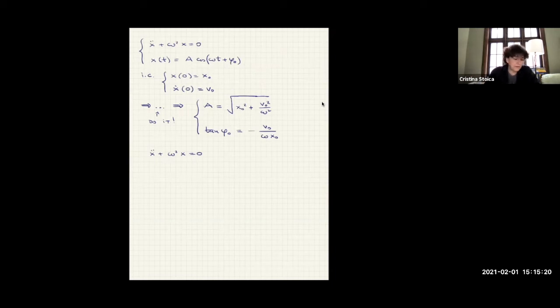Can we comment on the behavior of more than one solution? Because here, for every initial condition, you have a solution. They're all kind of doing the same, but maybe we can represent them differently. And indeed we can, if we introduce the notion of energy.